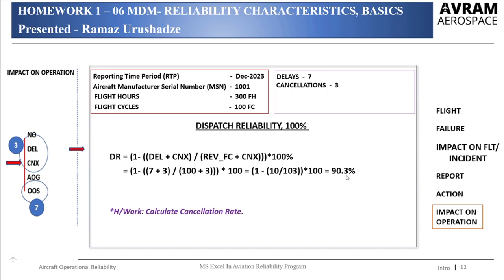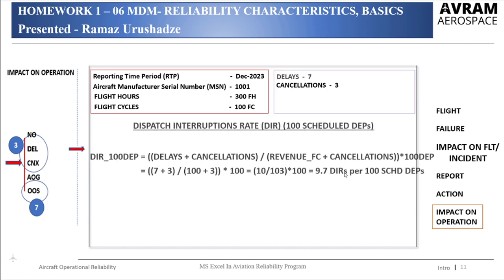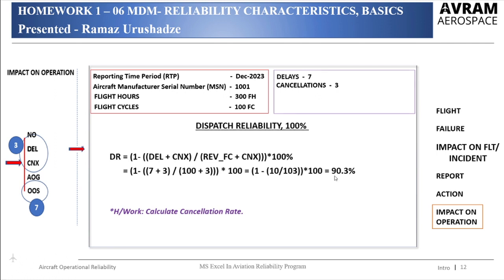Now, if we move back, dispatch interruption rate equals 9.7. If we subtract 9.7 from 100, we will have 90.3. I'd like to mention that approximately, probably 60-70% of operational reliability characteristics are derivatives from what we discussed today.